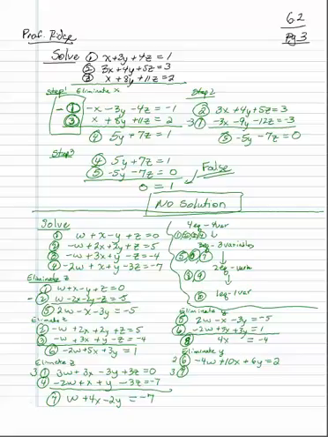Equation 7, I'm multiplying everything by 3, so I get 3w plus 12x minus 6y equals negative 21. And this is going to become my equation 9, which is w plus 22x equals negative 19.